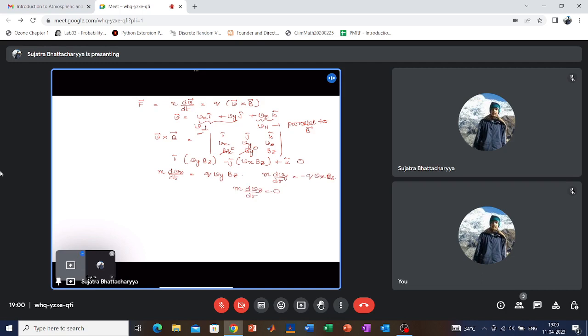Okay. So if you remember that in the electric field case, the electric field was there only in the z direction. Now we have kept the magnetic field also in the z direction. But see the expression change. Earlier, m dVx/dt was 0. In the y direction also the momentum equation was 0.